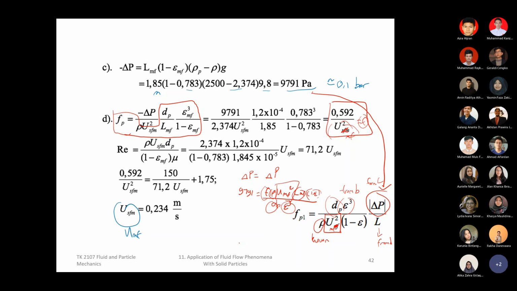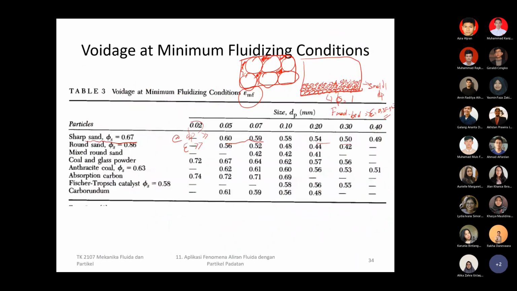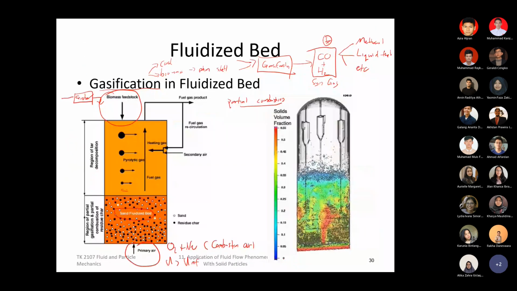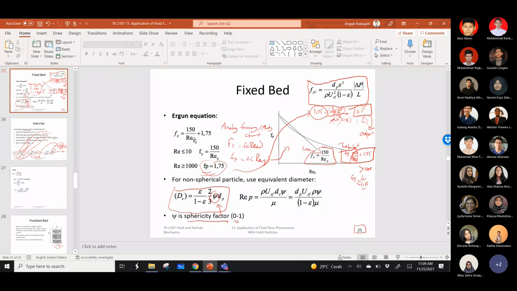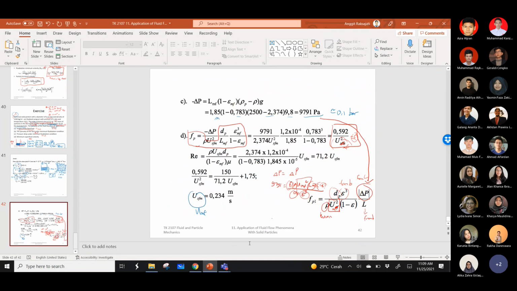So we need to compare it with another equation. Here, the extra equation that can be used is the F that I think is provided in your homework. This part. What if you take advantage of those equations?